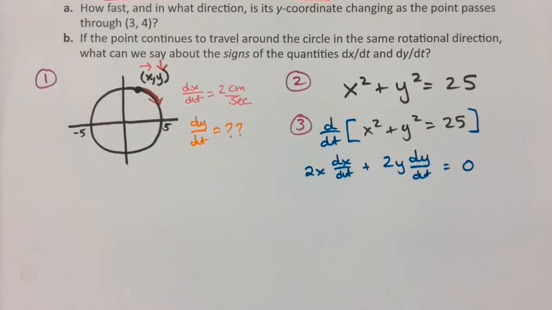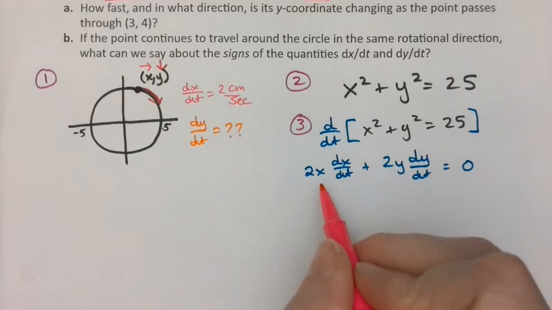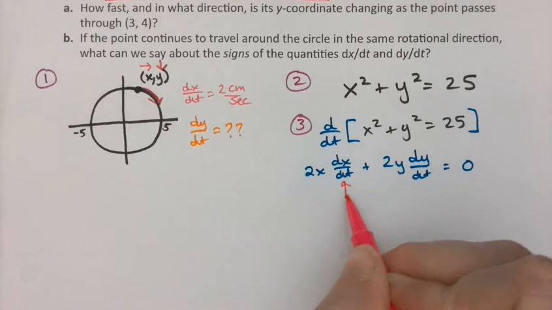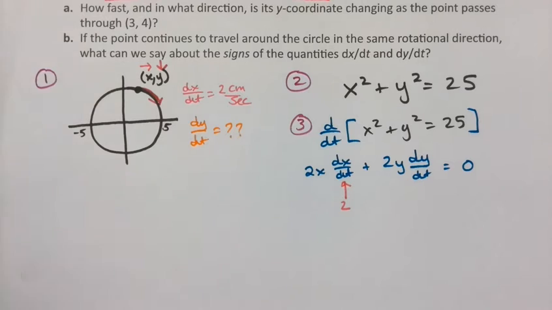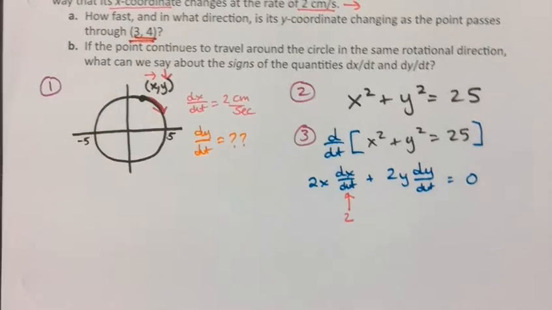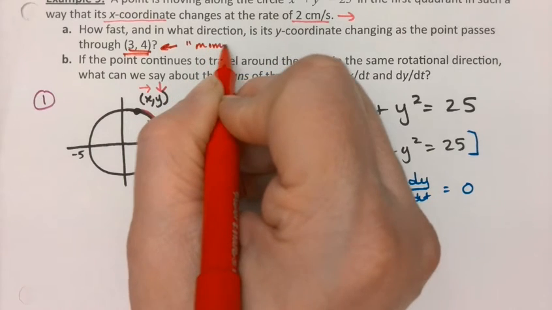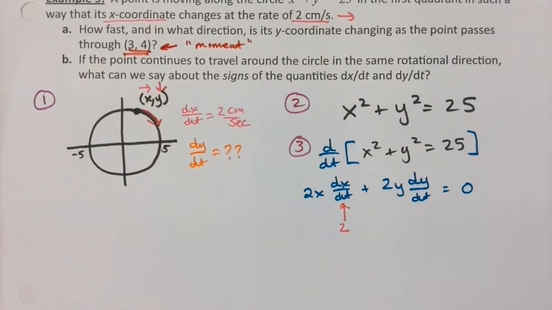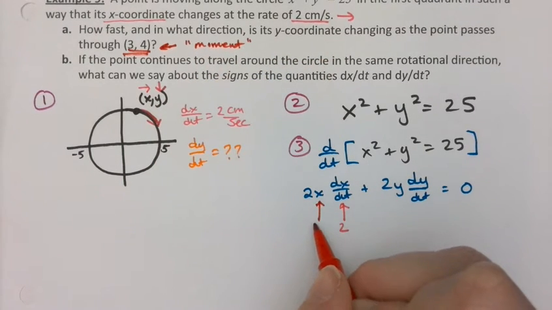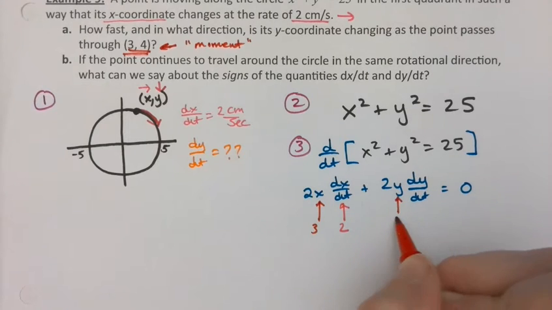Makes things so nice. We know that dx/dt is 2, but if we look carefully, we were also given the moment that we wanted to consider, and that's the moment we want to substitute. So x is going to be 3 and y is going to be 4.